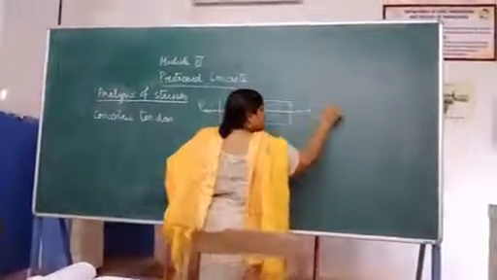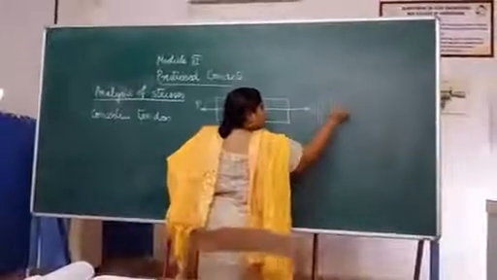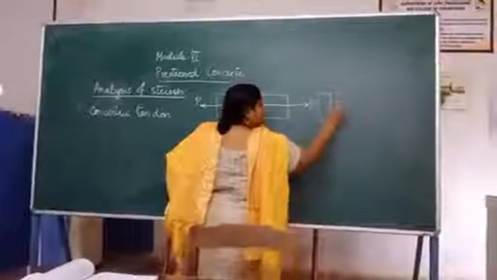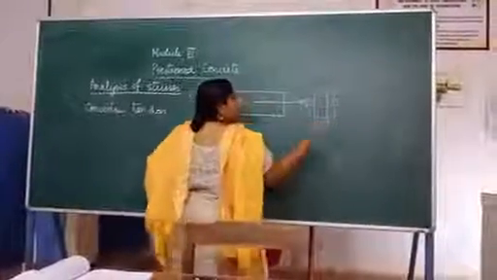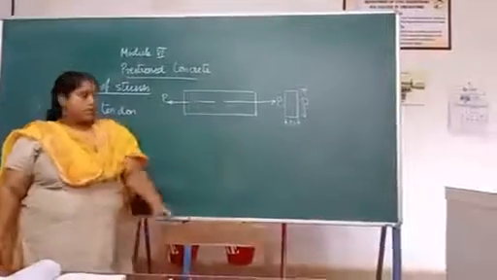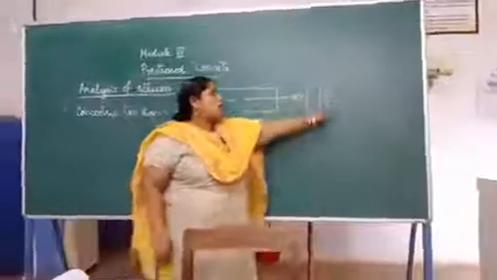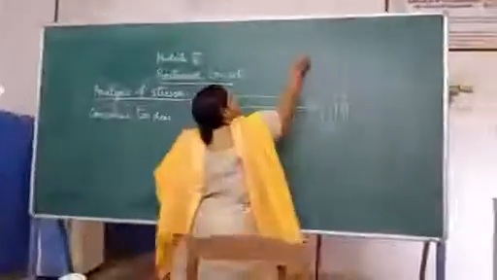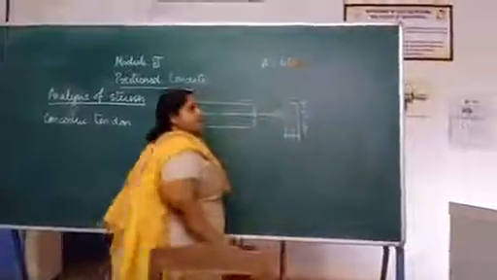Let the cross section be small b by capital B. We will consider a rectangular section, so the area of cross section will be small b into capital B. So we have A is small b into capital B.